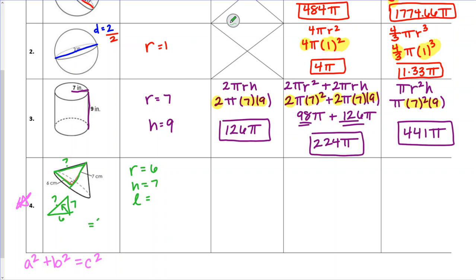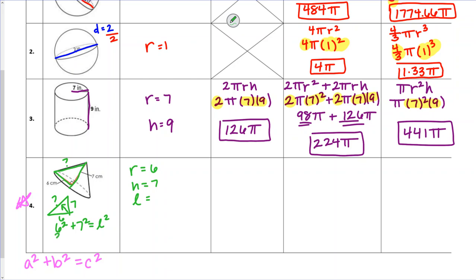So we are looking for that question mark. Even better, we are looking for L. That's what we're trying to find. So we're going to say 6 squared plus 7 squared equals L squared. 6 and 7, the order does not matter, but you have to have it equaling L squared.